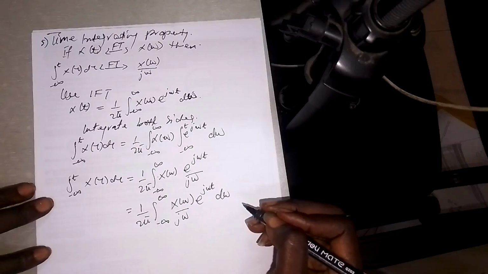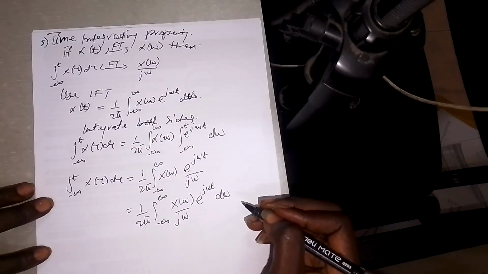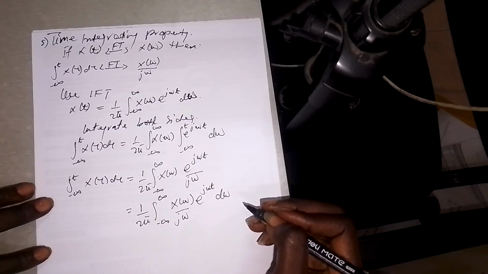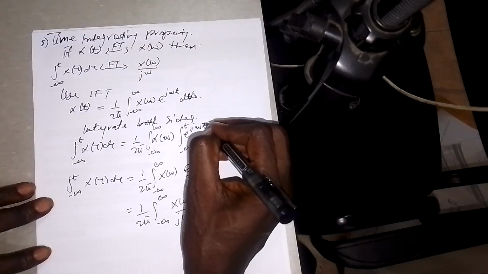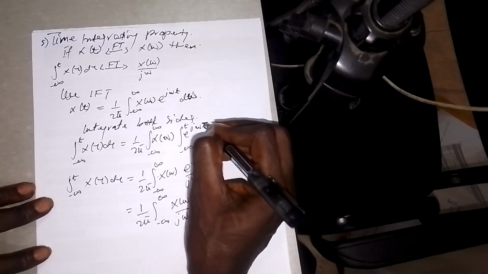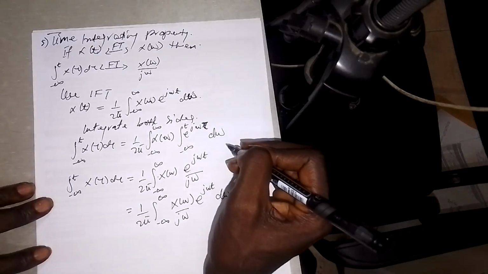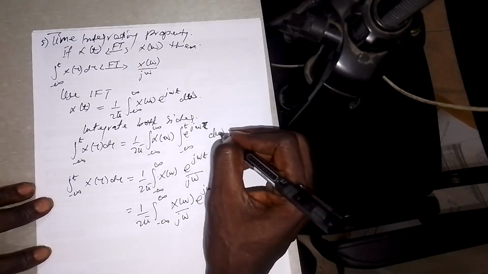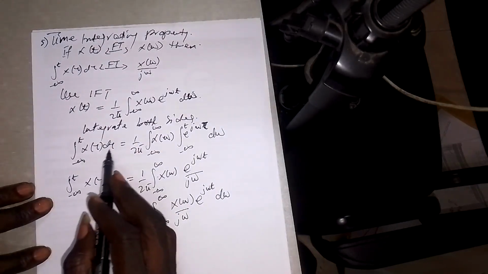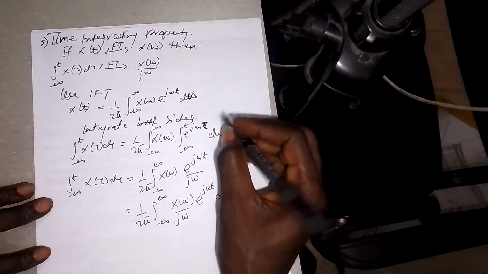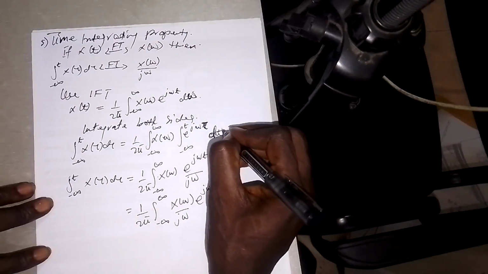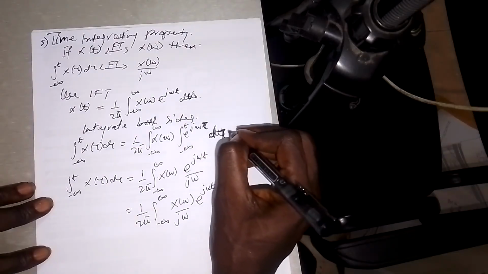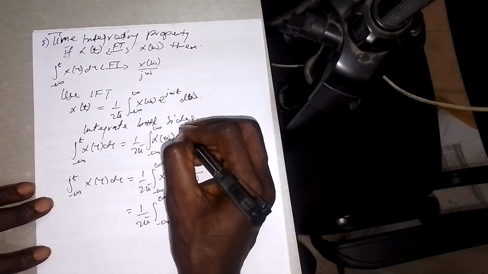I have to tell you something here: this place, I have to make it tau. And I must also tell you that I am differentiating here with respect to tau, and here is tau. So I'll integrate here with respect to the tau, and I must bring a bracket here.